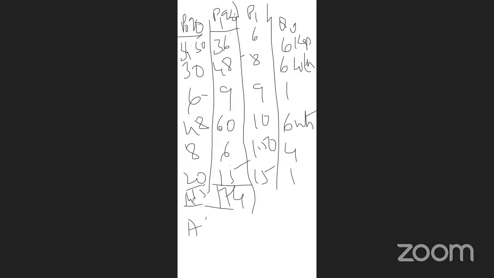So for the aggregate expenditure method, what is the formula? Sigma P1 Q0 by sigma P0 Q0 into 100. So that is 174 divided by 146.5 into 100.